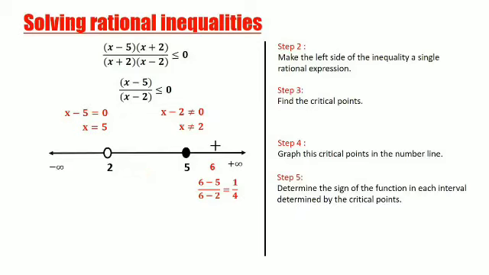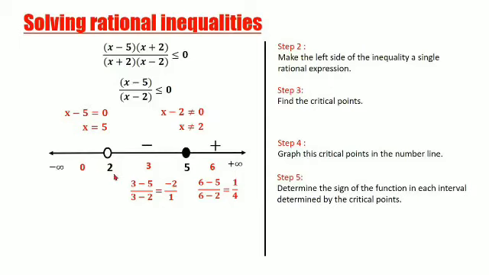Again, you may select any number. You can have 3, 4. I am selecting 3. Now let us plug this 3 into our expression to find the sign of the function. So we have 3 minus 5 all over 3 minus 2 is equal to negative 2 over 1. Negative 2 over 1 gives us a negative sign. So let us put it there.